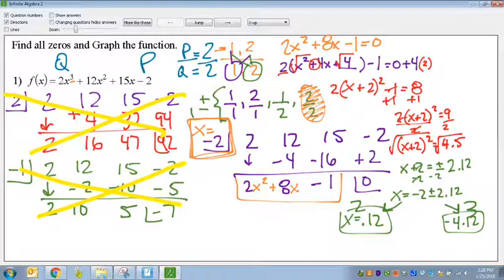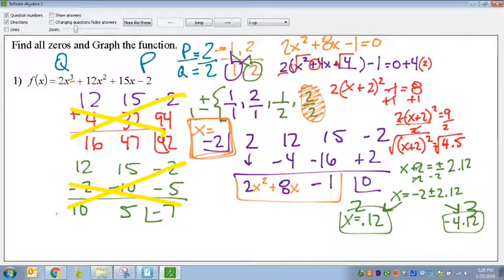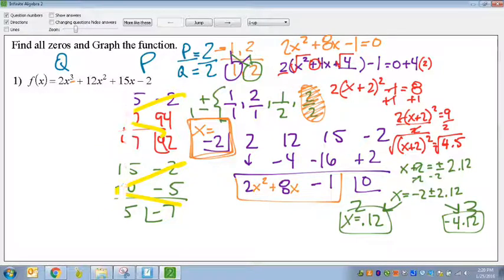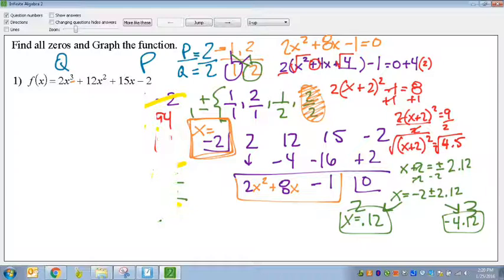Okay? And now we need to actually graph this. So I'm going to erase my failed attempts here to try to find that rational zero. Okay, and what we're going to do is just graph the x-intercepts, and this is just going to be a rough sketch. I know that if we had graphing calculators and Desmos, online calculators, we could make it look really nice, but we don't really need to.